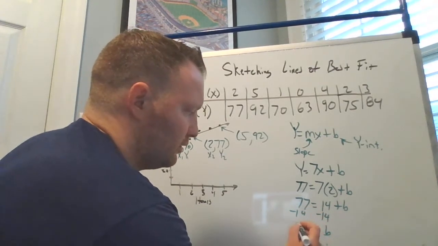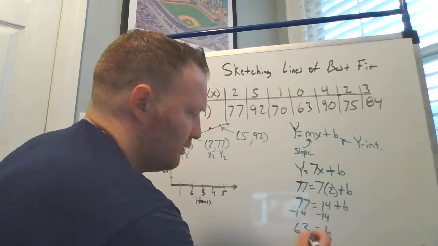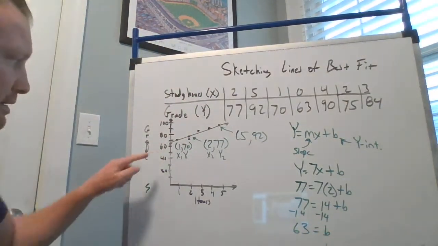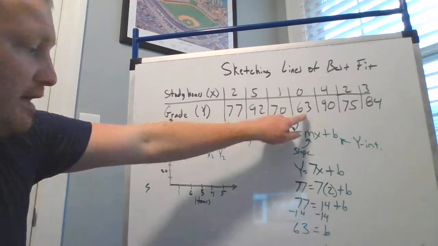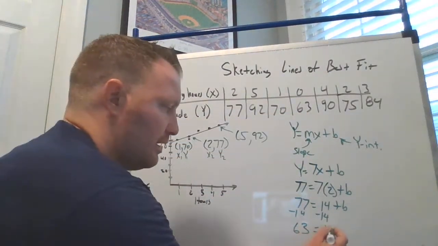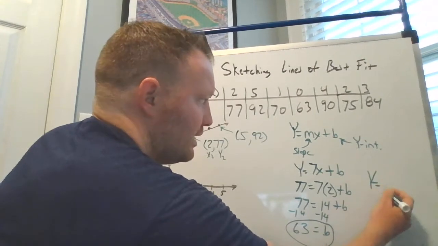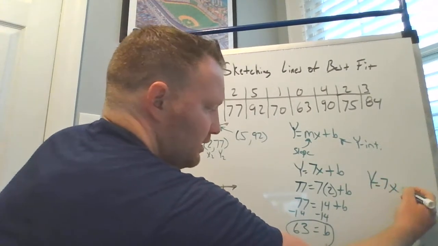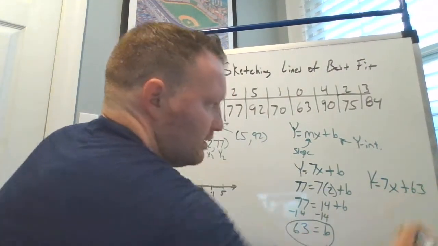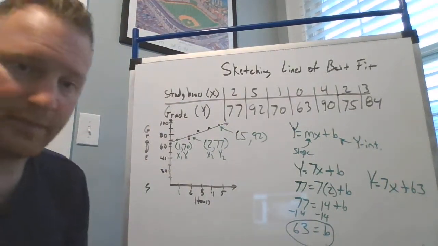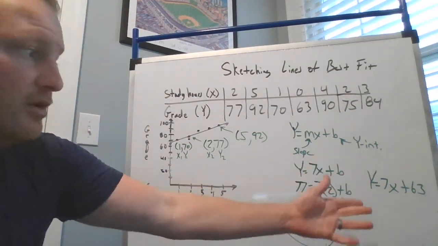So b equals 63. Look at that. It happened to be that point, and I calculated it correctly, and I got my b. So my equation is y equals 7x plus 63. Okay? There's the equation.